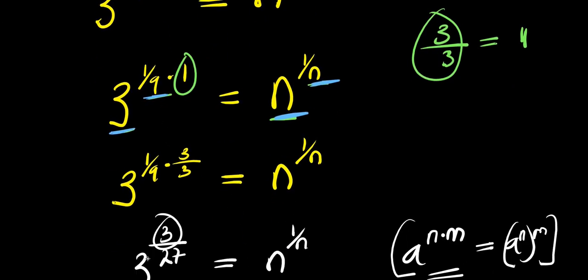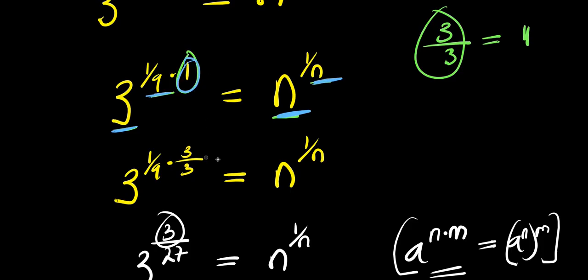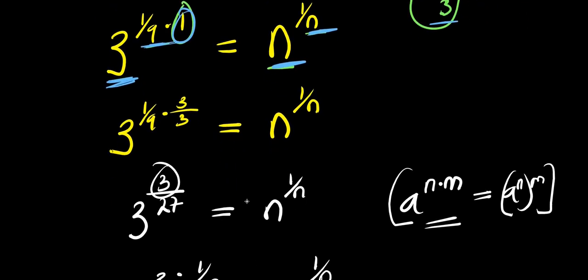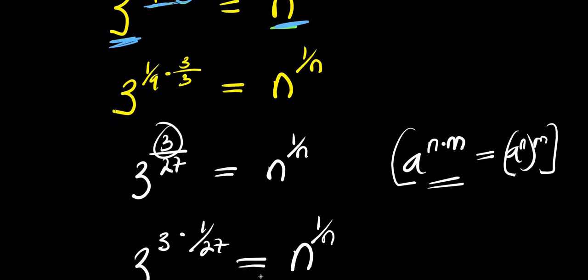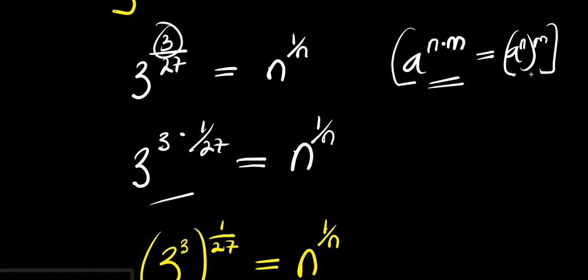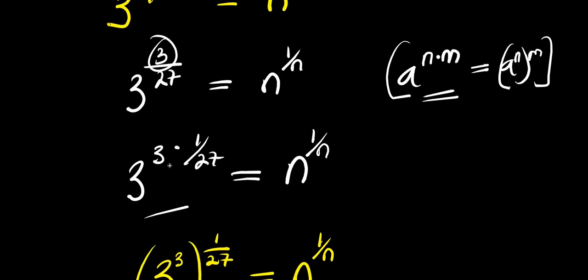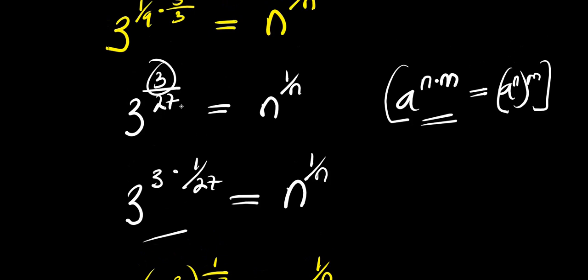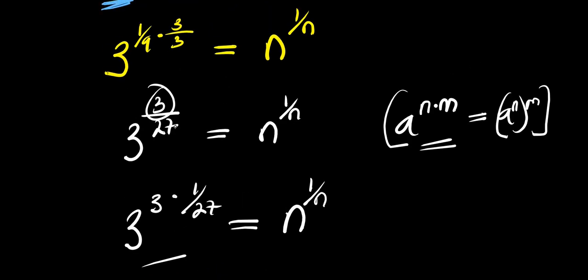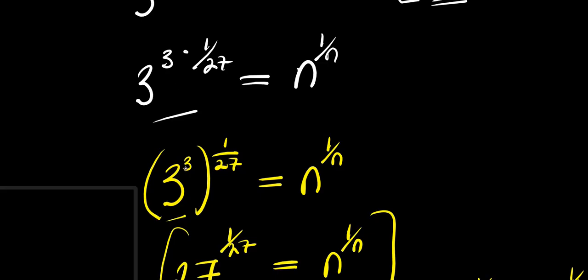So what we are going to do is to simply replace this one here with 3/3. And once you replace it with 3/3, the numbers at the base and at the denominator of the exponent will be the same. We multiply that: we have 3 times 1, we have 3, and 9 times 3, you have 27, and we factor out the 3.